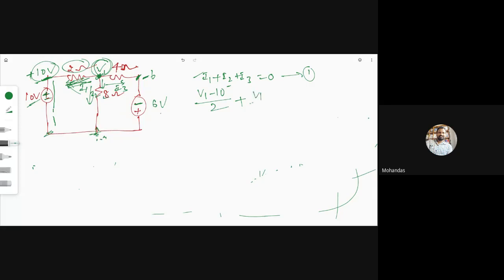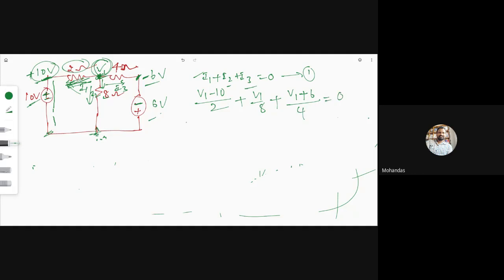That means V1 by 8 plus what is the I3? V1 minus of minus 6 volts. So that becomes V1 plus 6 by 4, which is equal to 0.